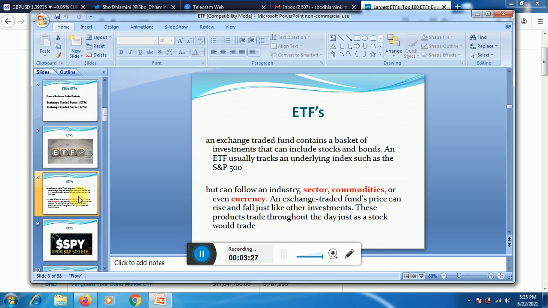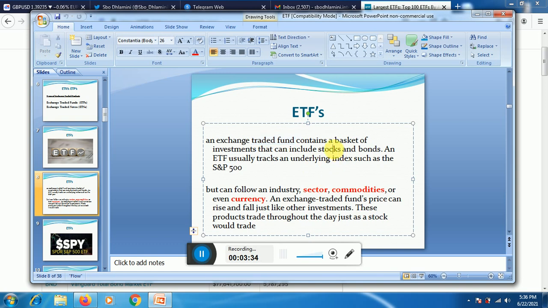So moving on. An exchange traded fund contains a basket of investments that can include stocks and bonds, and ETFs usually track an underlying asset. An example of an underlying asset here is the S&P 500.